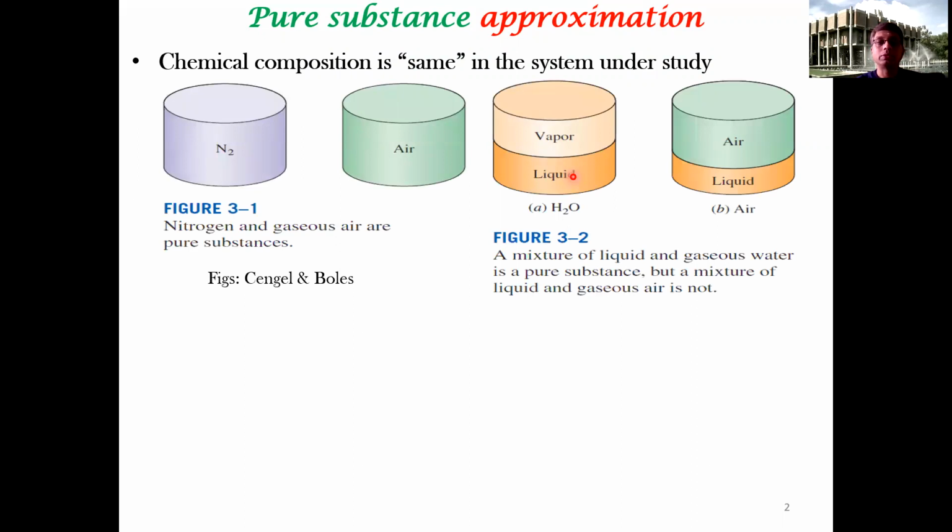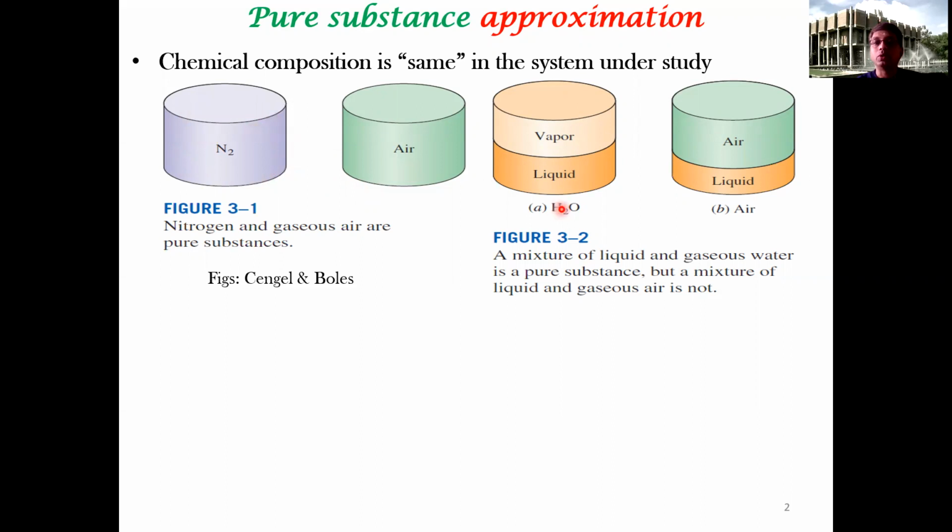It gives some examples. For example, nitrogen. If you have a cylinder of nitrogen, it is one component. Air again has many components, but both of these are pure substances because the chemical composition is the same within the system.